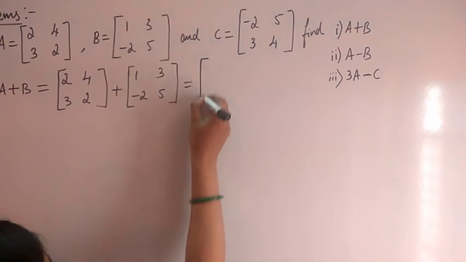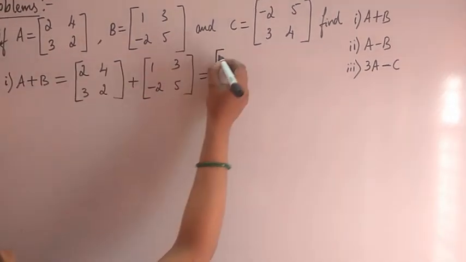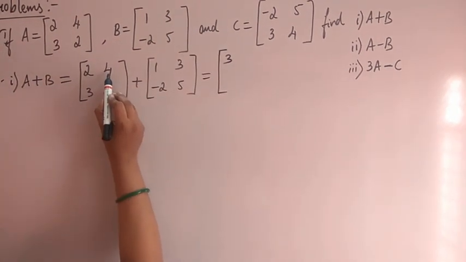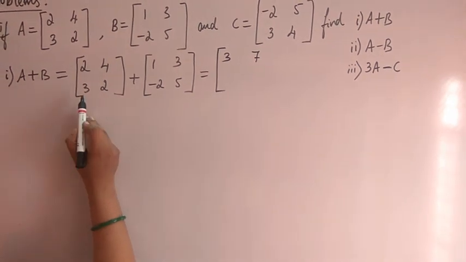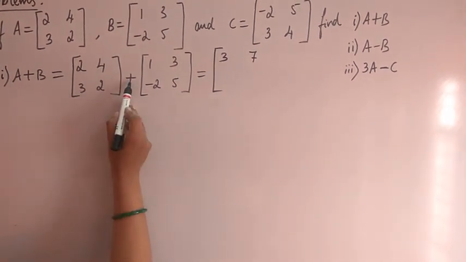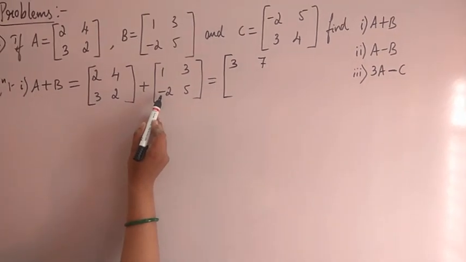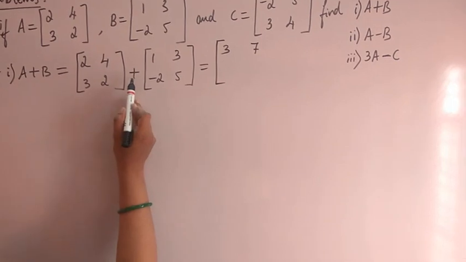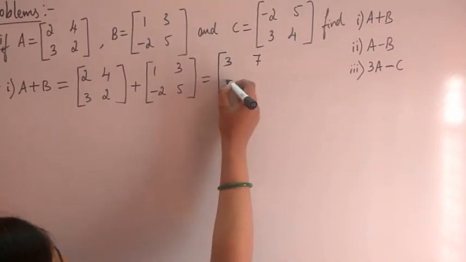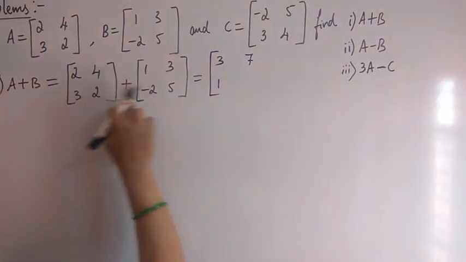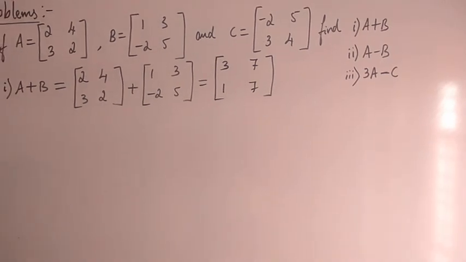For addition, we add their corresponding elements. 2 plus 1 is 3. 4 plus 3 is 7. Second row first element: 3 plus minus 2. If we are adding, take directly the sign of the element, only for addition. 3 minus 2 is 1. 2 plus 5 is 7. So this is A plus B.